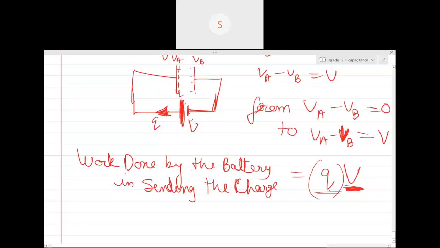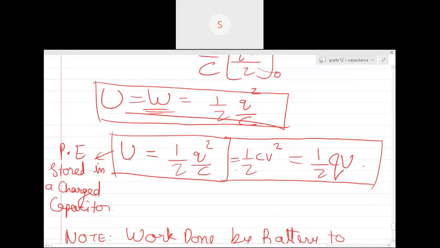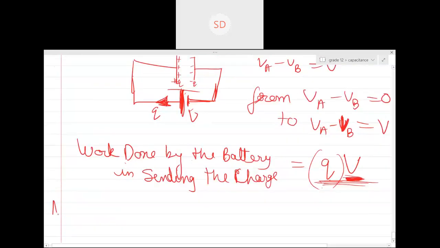Please remember, since the total charge sent was Q and the potential difference across the battery was V, the work done by the battery in sending the charge Q was basically Q into V. Whereas, you can see, half of Q into V was basically the energy stored in the capacitor. So please remember this.